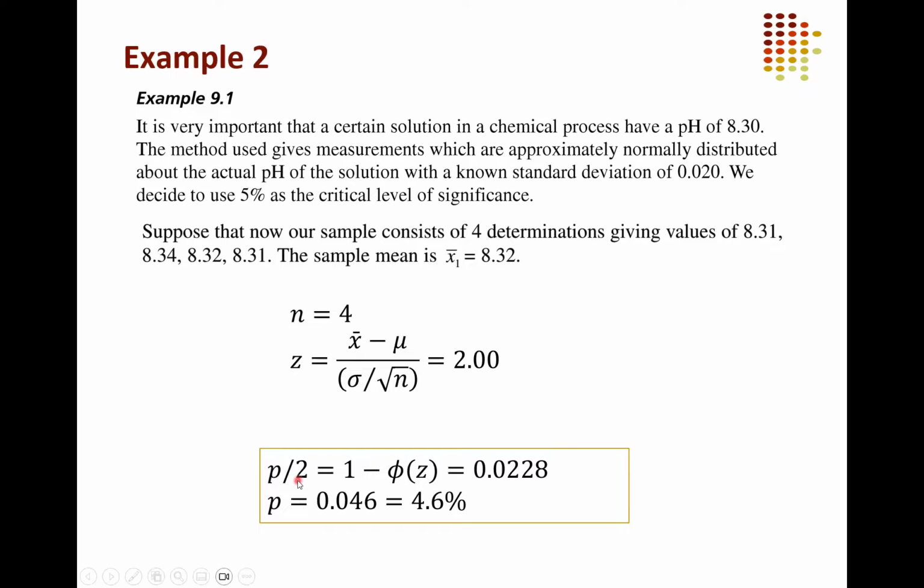If we calculate p by 2 as the observed significance level, it is 4.6%. So 4.6% is smaller than the given significance level. Therefore, this variation says that the population mean has changed.